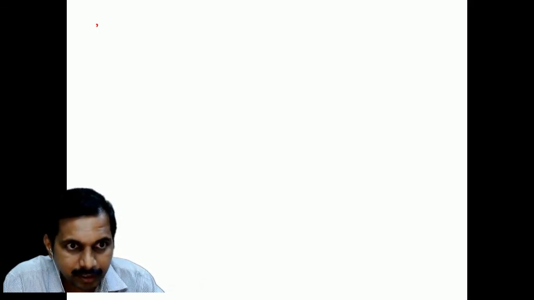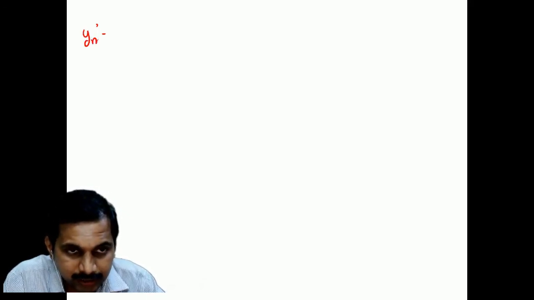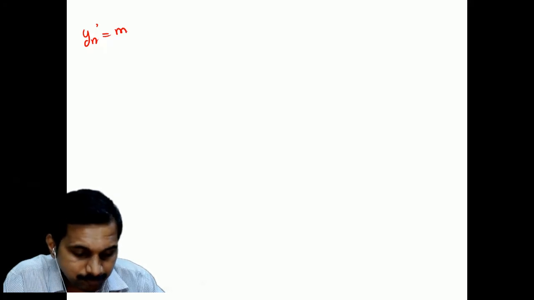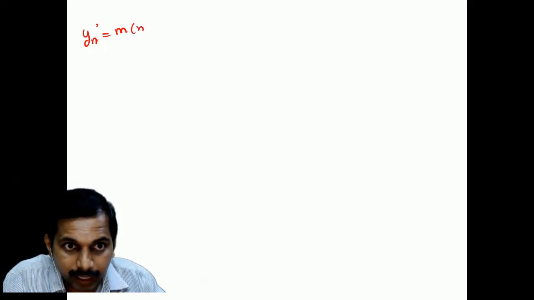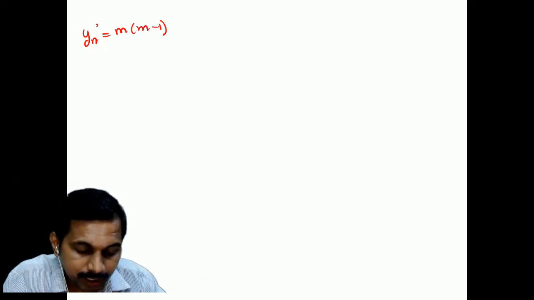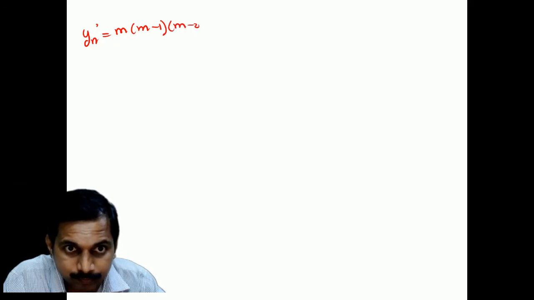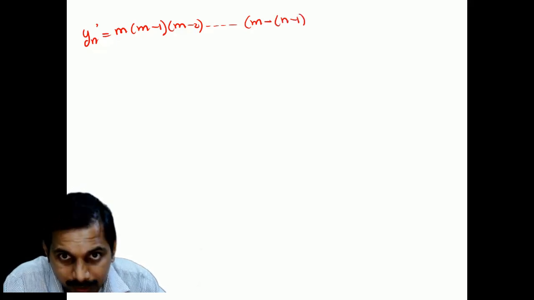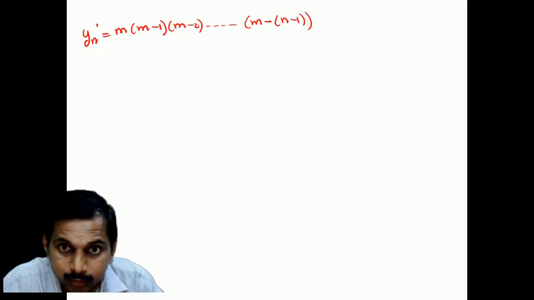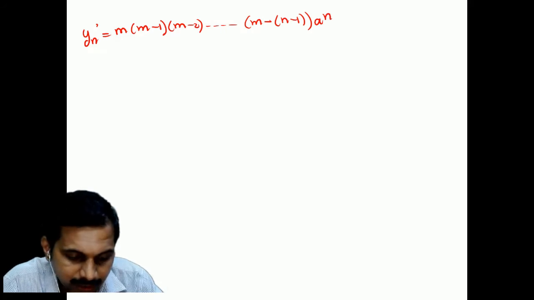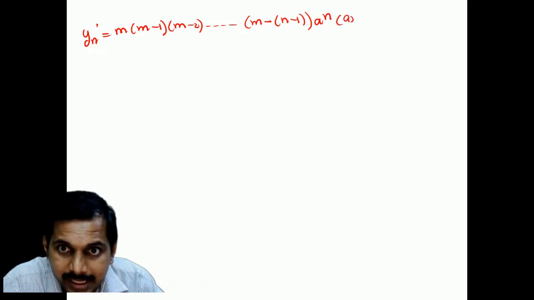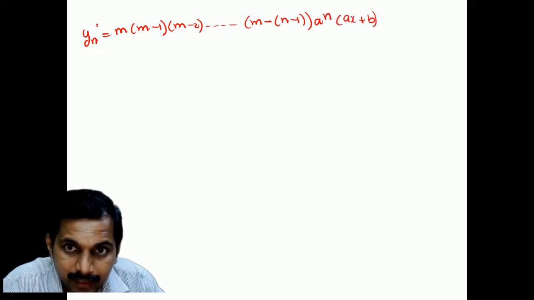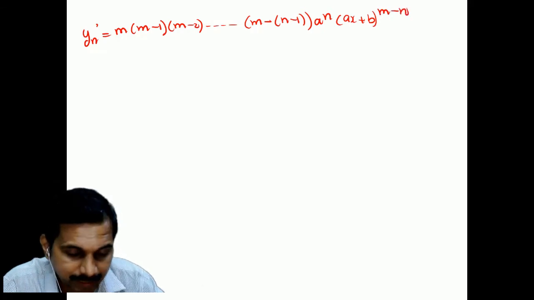So yn is equal to m into m minus 1 into m minus 2, into m minus n minus 1, into a raised to n into ax plus b raised to m minus n, correct?